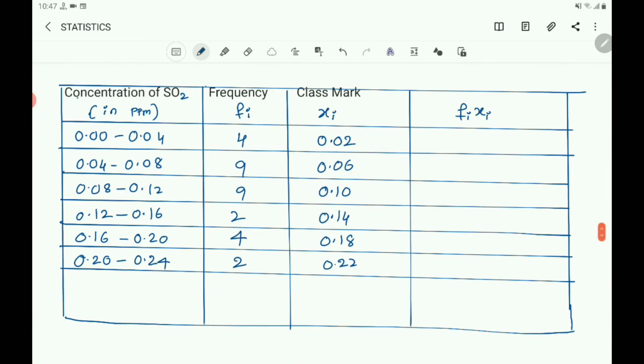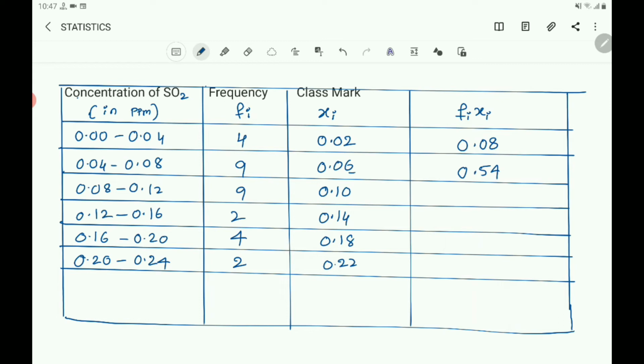Now find Fi xi. You know that 4 2s are 8. 4 into 0.02 is 0.08. Next 9 into 0.06, you know that 9 6s are 54, so write 0.54.